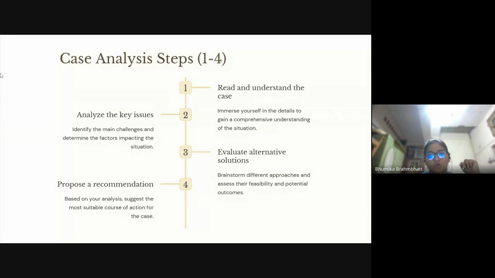So your case analysis may be forwarded to someone, or that reader may give a review. This way you can increase your efficiency and collaboration.